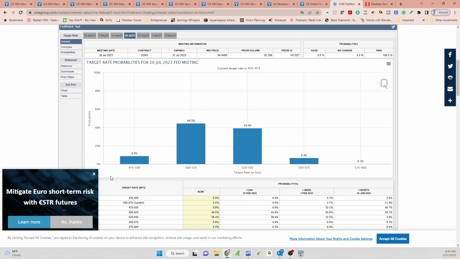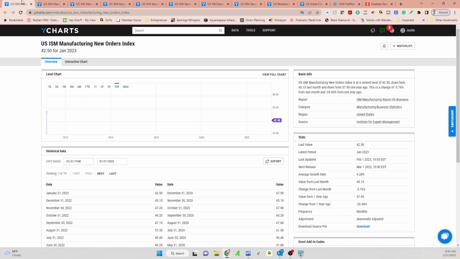I'll look at economic data in a second, but the market's pricing that in. And obviously, when the market prices that in, that means the market's moving. So that's definitely something to consider, because if the market's not really moving dramatically on that news, then that's kind of telling you something, okay?